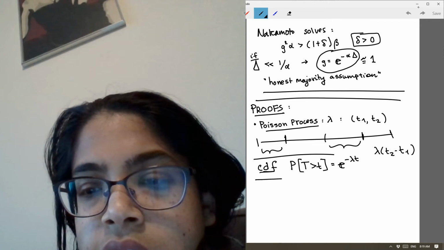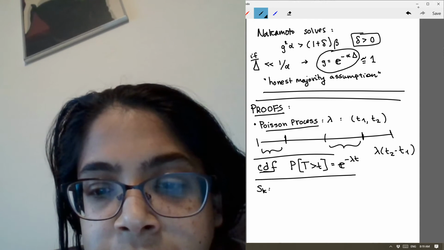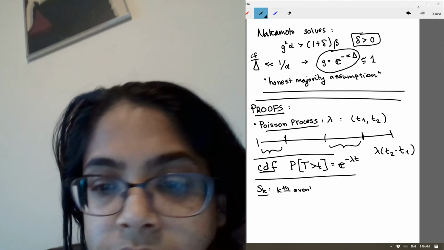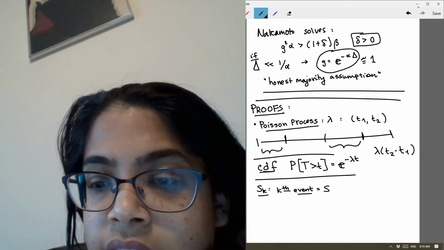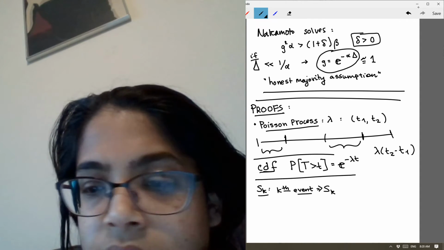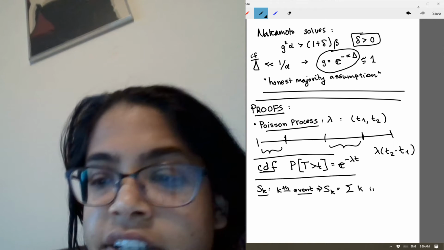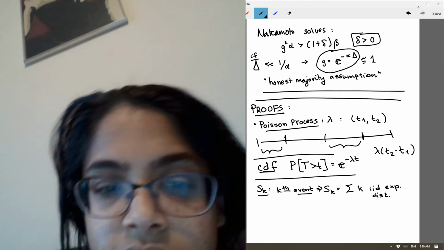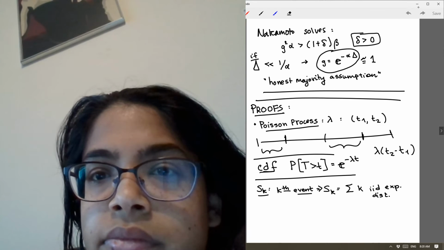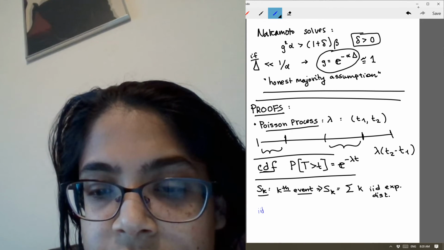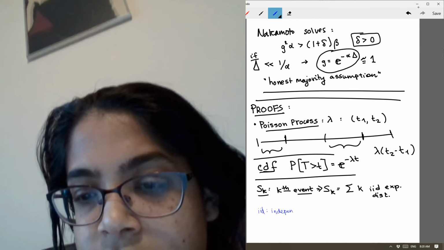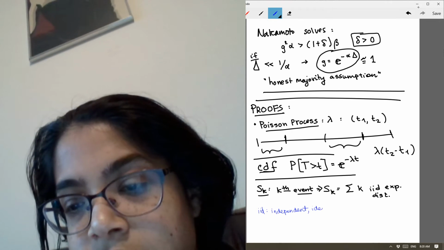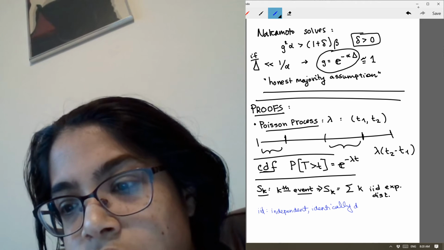So suppose that, well, we need some more notation, which is S_k is the arrival time of the kth event. Then S_k is the sum of k IID exponential distributions, where IID stands for independent and identically distributed.